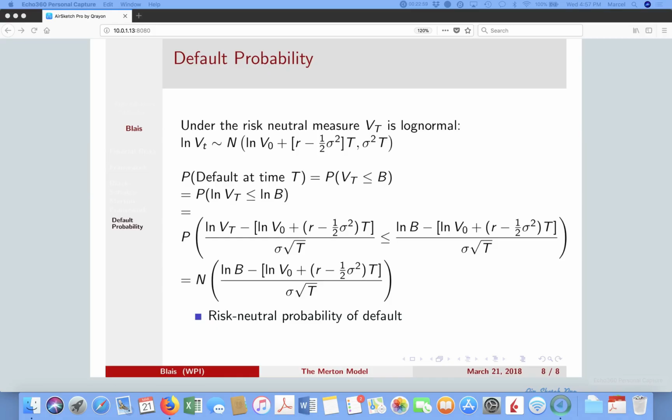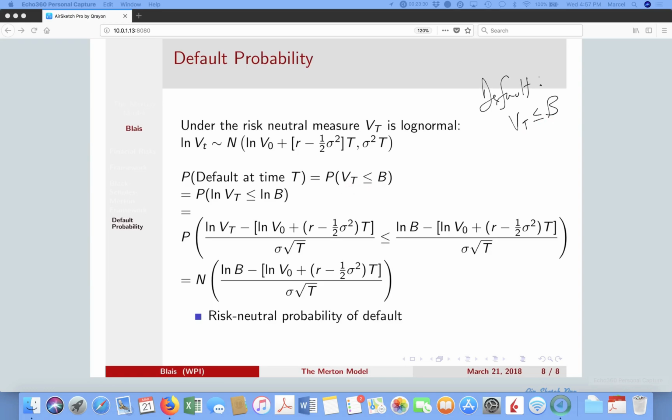Well, if we know the distribution of the value of the firm, and of course, remember, default happens if the firm can't pay its bills. So if the firm's value isn't enough to pay the bondholders, we have a default. So the probability that the firm actually defaults at time capital T is the probability of this default condition.